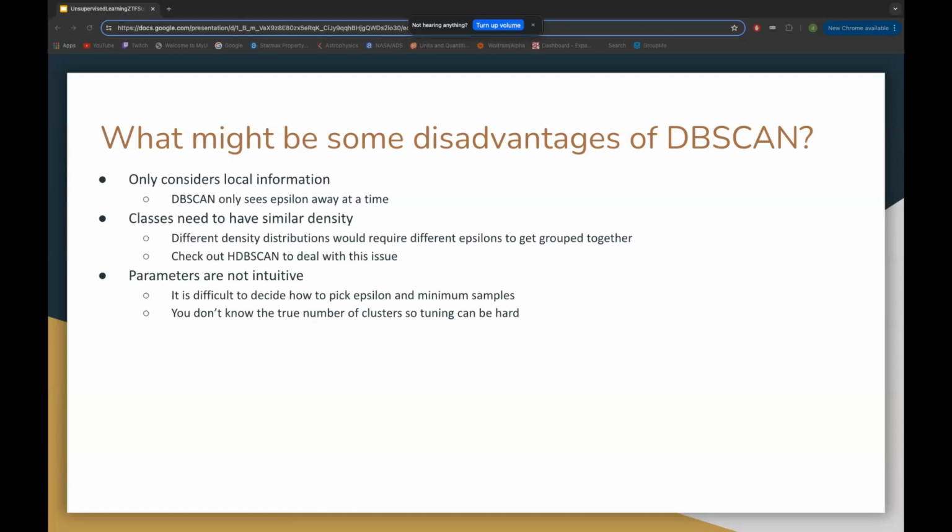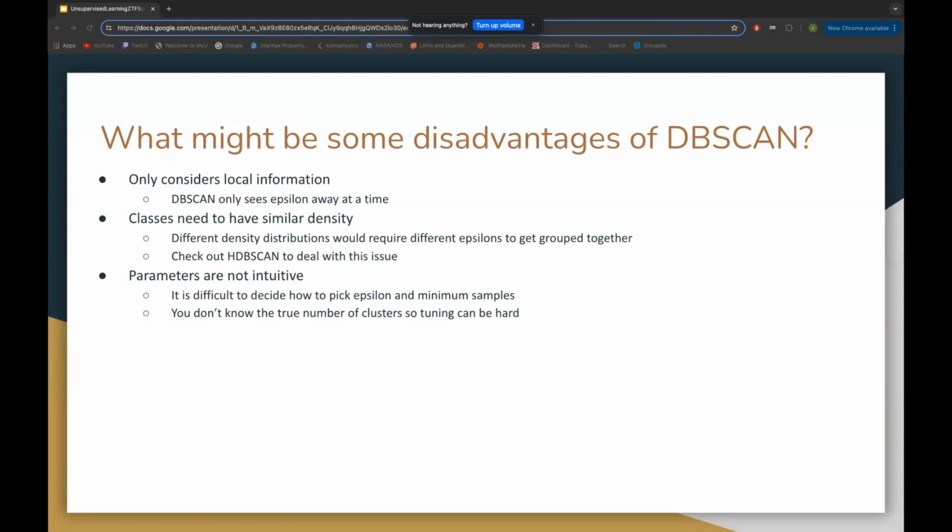Also, all the classes need to have the same density. So if you have one cluster that's very dense and one that's kind of sparse, normal dbScan is not going to be able to handle that because the sparse one is not going to be able to generate as many core points.